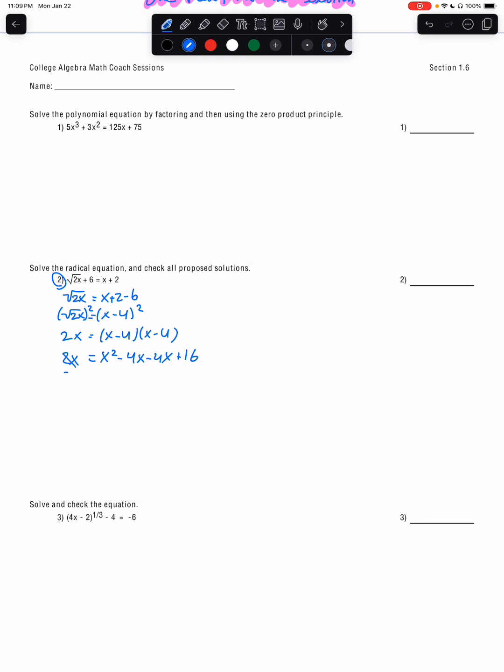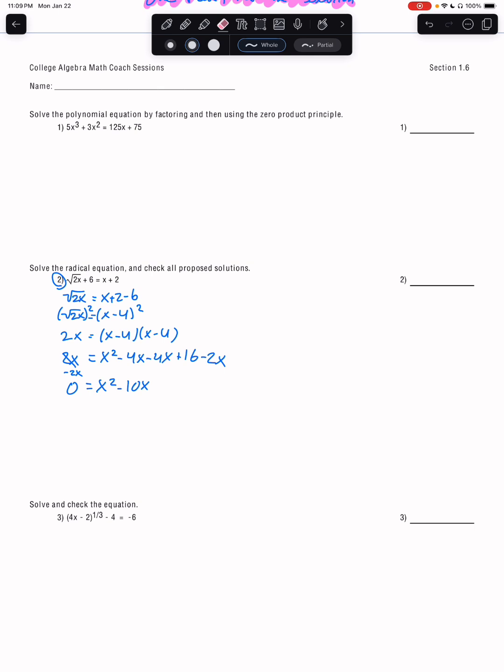Then we'll just subtract 2x and put it on the other side. And then when we simplify, we'll get x squared minus 10x, just adding all the minus 4x and minus 2x. And we'll get plus 16.